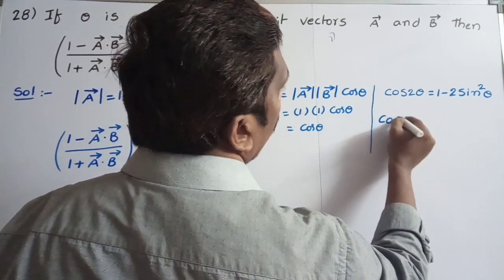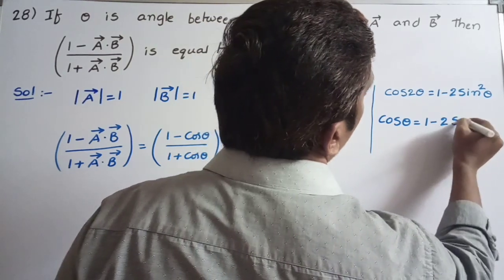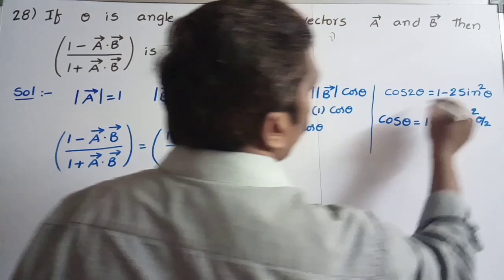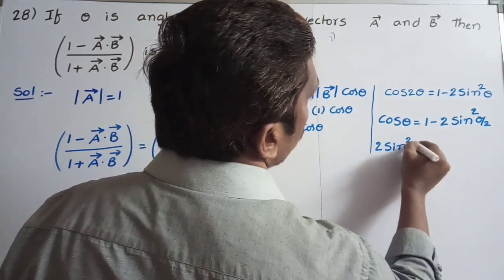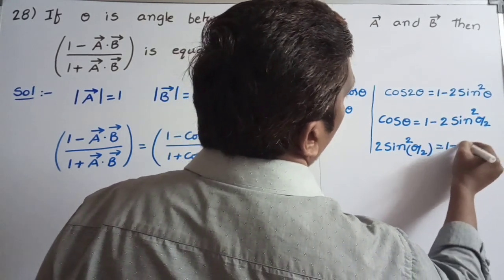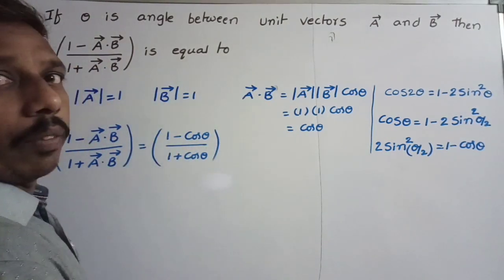From this we can write cos theta is equal to 1 minus 2 sin square theta by 2. Taking 2 sin square theta by 2 to this side, we get 2 sin square theta by 2 is equal to 1 minus cos theta. So we got the 1 minus cos theta value.